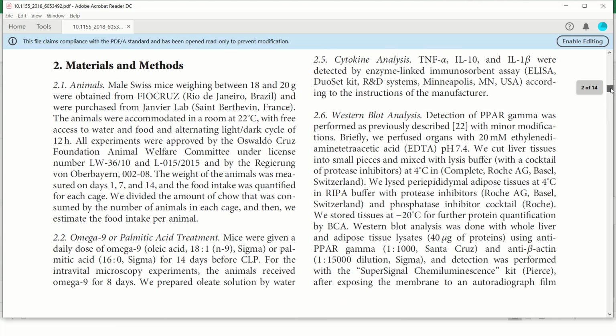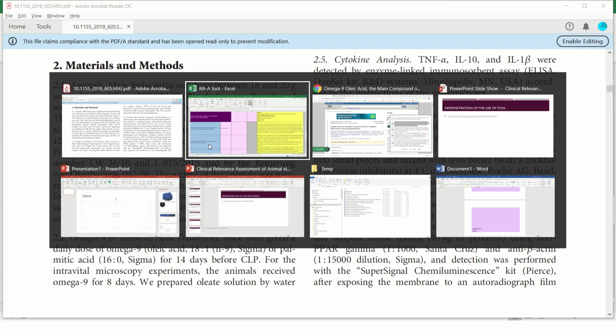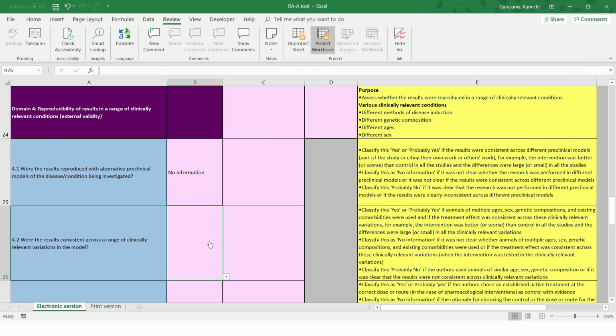And here you see they have used adult male Swiss mice weighing between 18 and 20 grams. So we classify this as no, only male mice were used.